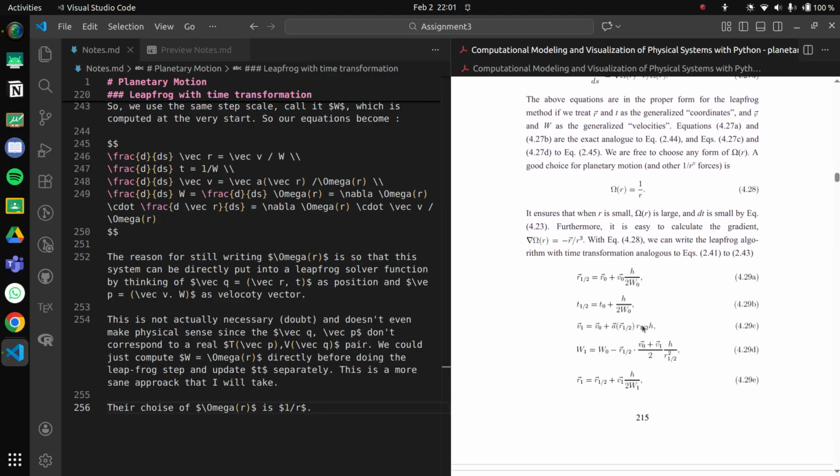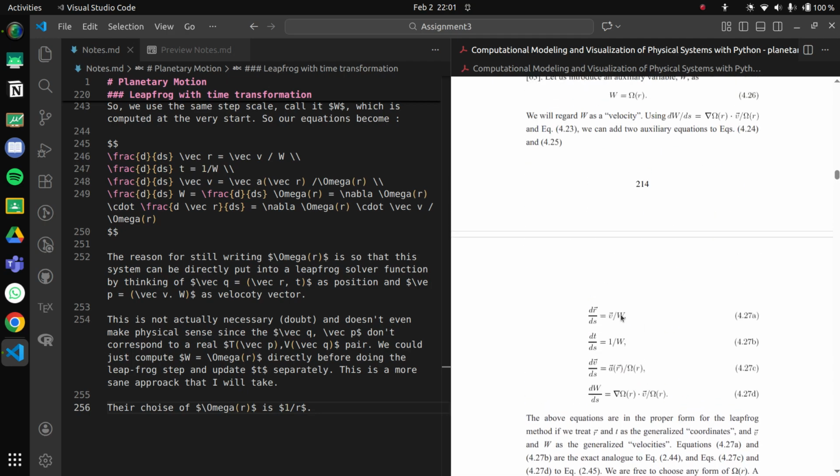This doesn't correspond to a physical system, so why would they do this? It doesn't make any sense. I mean, there is no actual t which corresponds to something as weird as this thing.